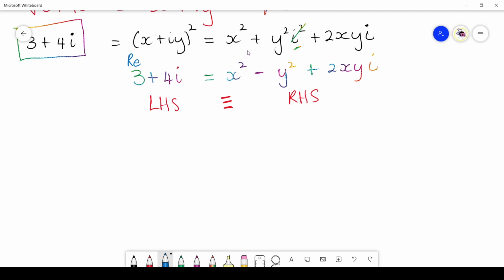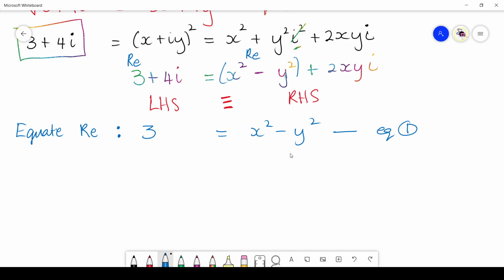And also on the right-hand side, we have a real part. This is our real part here. So what we're going to do is something called equating real and imaginary parts. So equating our real parts, on the left we're going to get 3 equals, on the right, x squared minus y squared. And we're going to call that equation 1 because we're going to create simultaneous equations here.